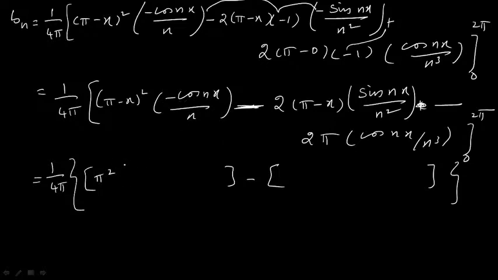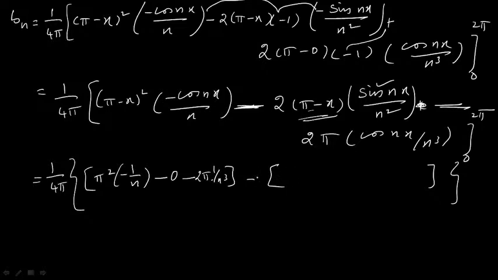Cos 2n pi value is nothing but 1, so minus 1 divided by n. Minus, so whatever may be this value, sin 2n pi value is 0, so this term becomes 0. Minus coming to the next term, 2 pi cos 2n pi divided by n cube, that is 2 pi times 1 divided by n cube, isn't it?